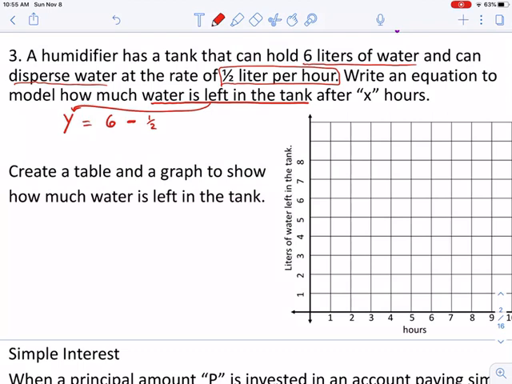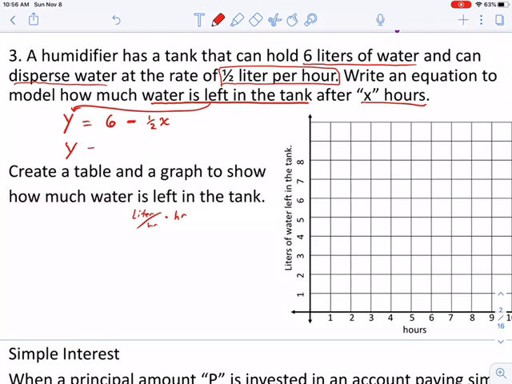This is our, remember rate times time again? Rate times time, liters per hour, multiplied by the number of hours. So X is the number of hours, so that would be 1/2 liter per hour times X hours.